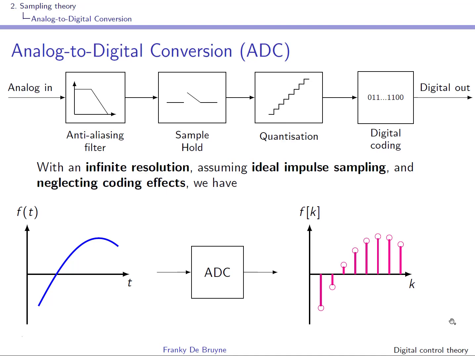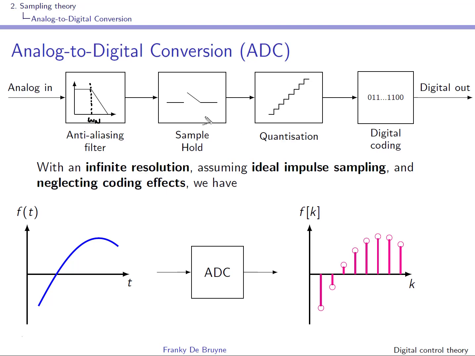What you see here on the screen is the whole analog to digital conversion chain, and of course you start with an analog signal at the input, and remember that when you sample you should meet the Nyquist condition. So if there is a danger of not meeting it, you should filter your analog signal using a low pass, so-called anti-aliasing filter, and the idea of course is to remove all frequencies that are above the Nyquist frequency.